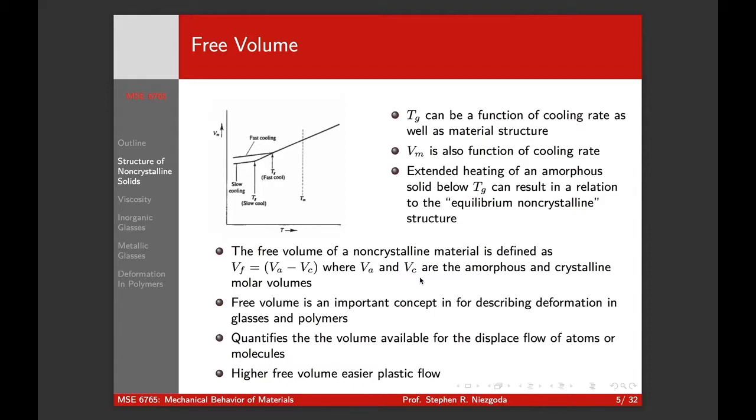And it quantifies how much extra space there is other than what you need to pack your atoms, right? That is available for the displacive flow of atoms or molecules, right? The higher the free volume, the easier the plastic flow.